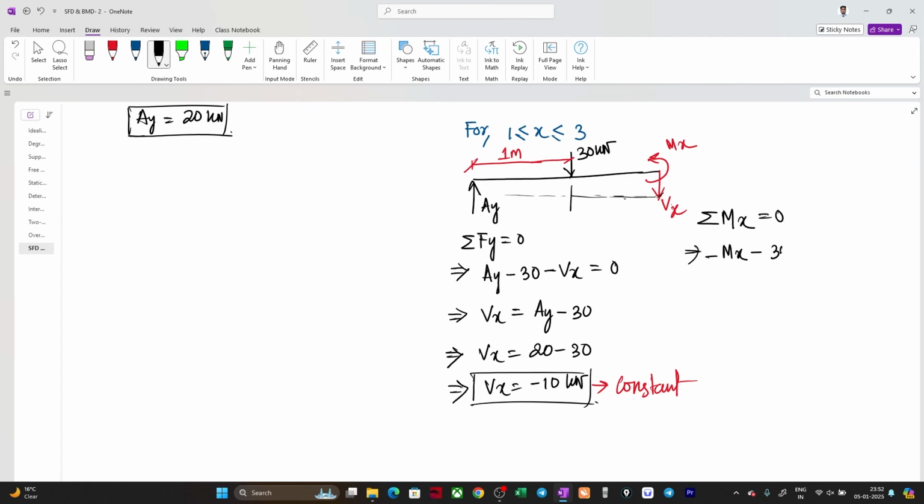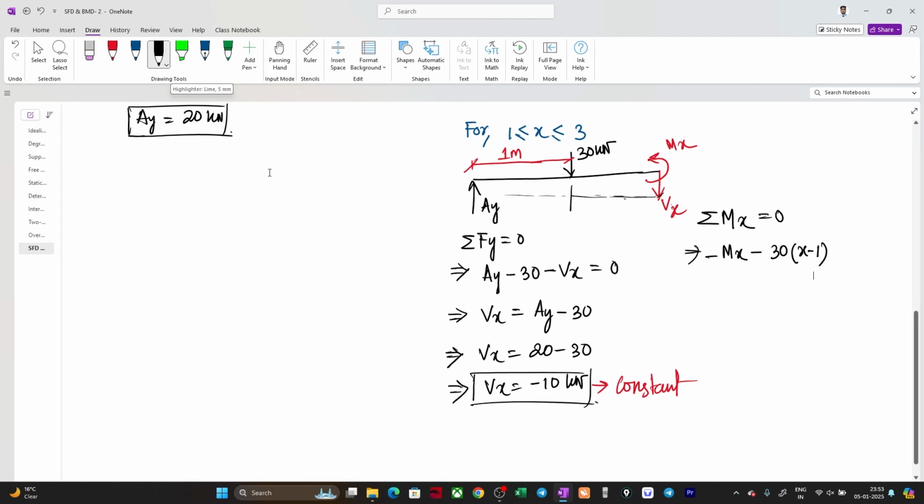So 30 multiplied by 2 minus x. Am I writing it correctly? No, sorry, not 2 minus x. This whole length is x, so it is x minus 1, 30 multiplied by x minus 1. Because again it will create a moment which is anti-clockwise, right?